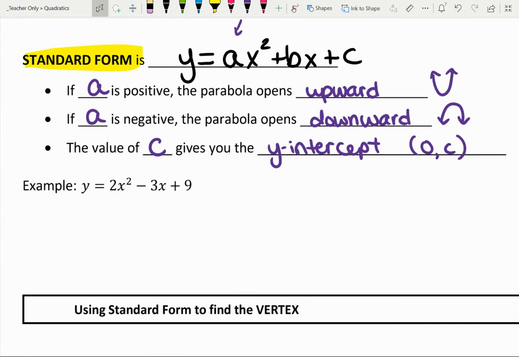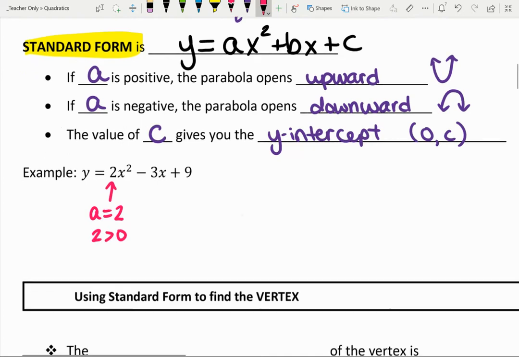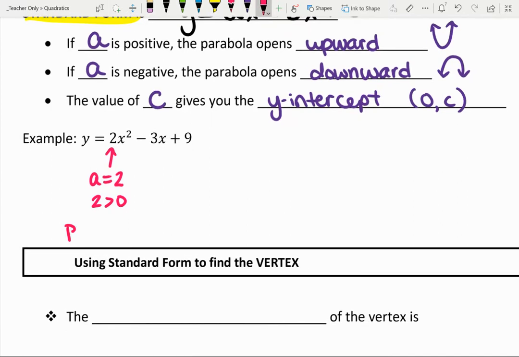So let's take a look at this example. It says y equals 2x squared minus 3x plus 9. Let's see what kind of information we can get out of that. So first of all, looking at our a value, our a is equal to 2. 2 is a positive number, right? 2 is bigger than 0. So our parabola opens upward.